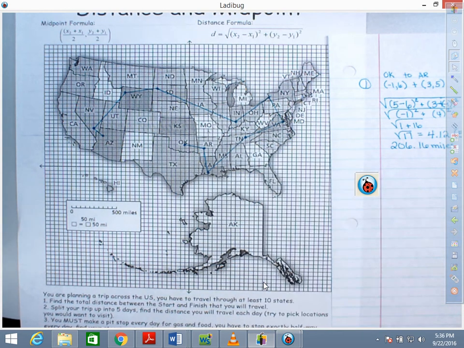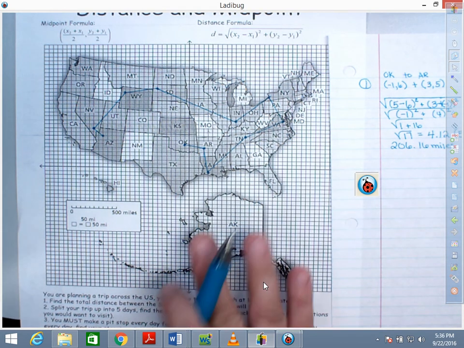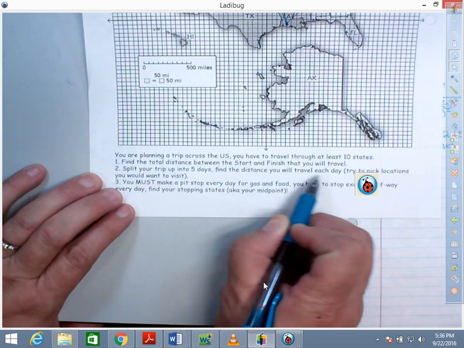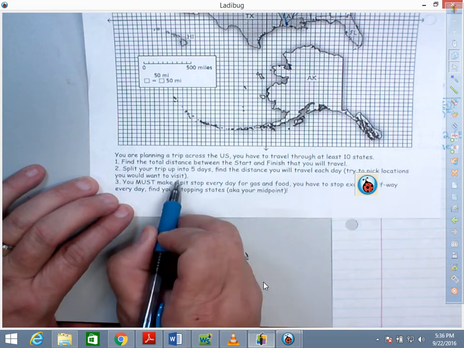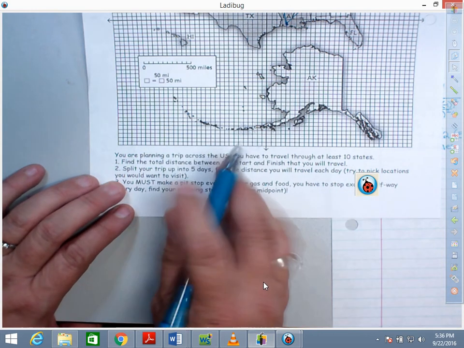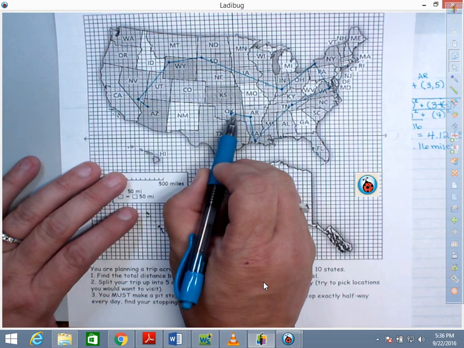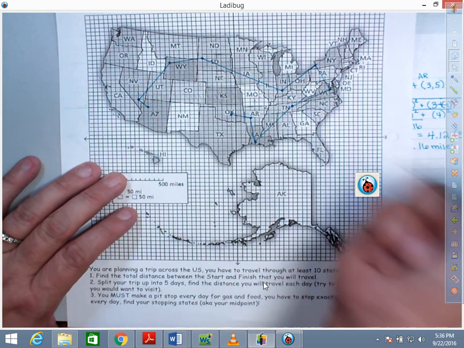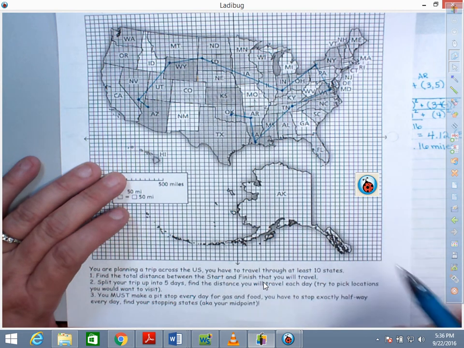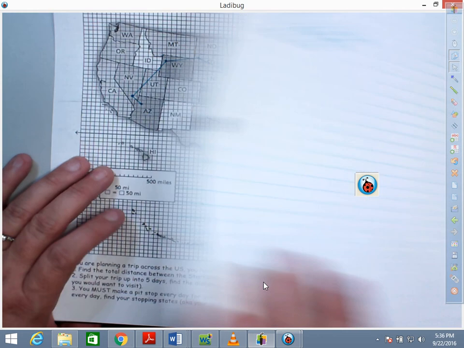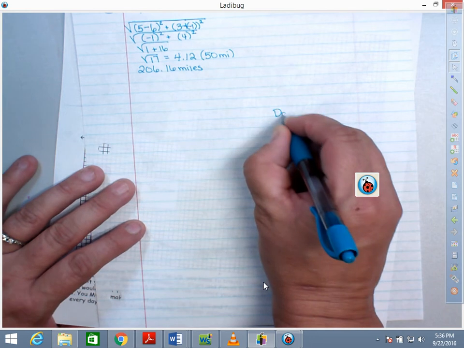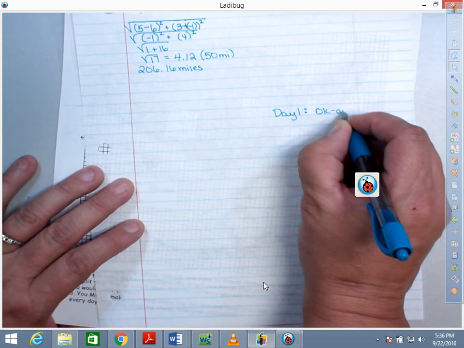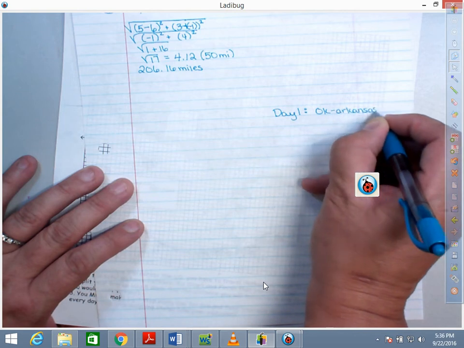Now, for part 2, it says that you're going to split your trip into 5 days, and you're going to find the distance that you will travel each day. Try to pick locations you would want to visit. I am totally okay with you just doing my first section here, my second section here, so that's 1 day from Oklahoma to Arkansas, Arkansas to Louisiana. You can just tell me day 1 is Oklahoma to Arkansas to Louisiana.